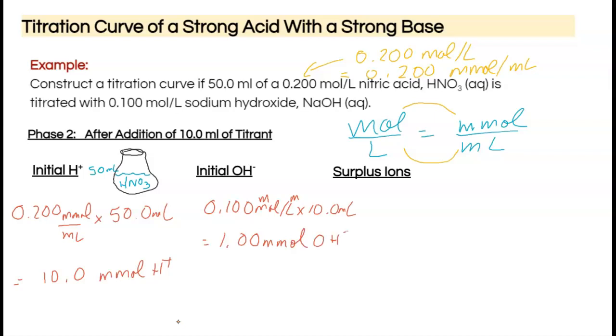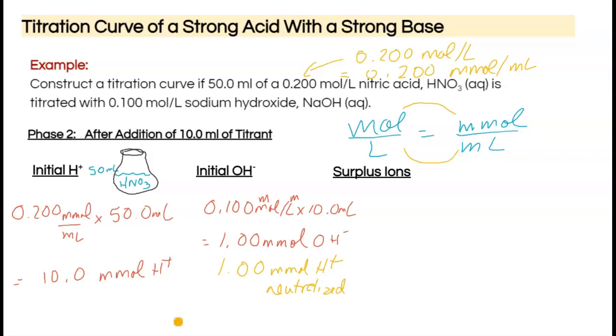Let's think about this. If I have 10 millimoles of hydrogen ions present and 1 millimole of hydroxide ions, those hydroxide ions are going to neutralize the same amount of hydrogen ions. Let me write that out. So 1.00 millimoles of H+ are neutralized.